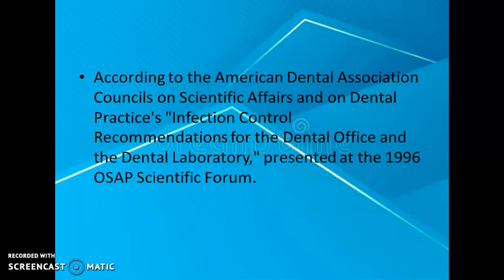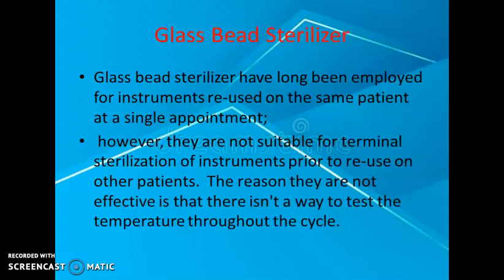And this is another type of sterilizer which is used in dentistry. According to the American Dental Association Councils on Scientific Affairs and on Dental Practices, infection control recommendations for the dental office and dental laboratory were presented in the 1996 OSAP scientific forum. It also showed a type of sterilizer called the glass bead sterilizer.